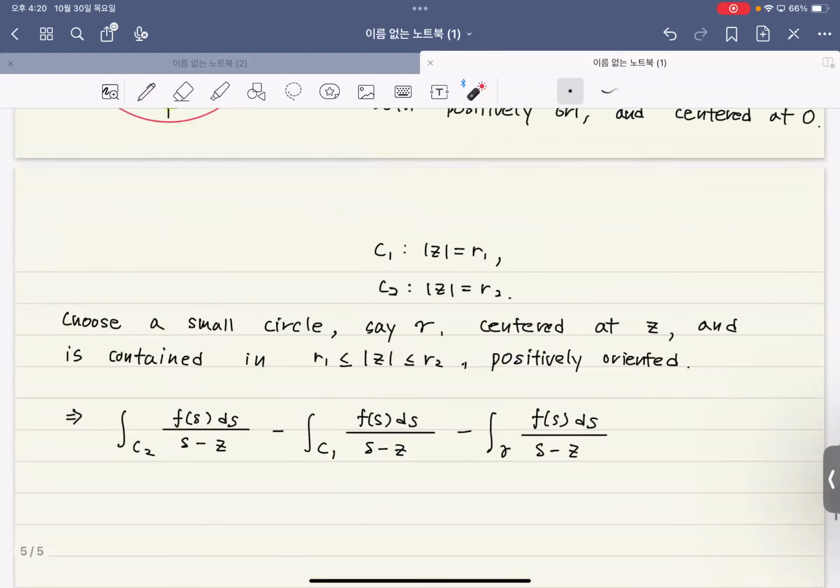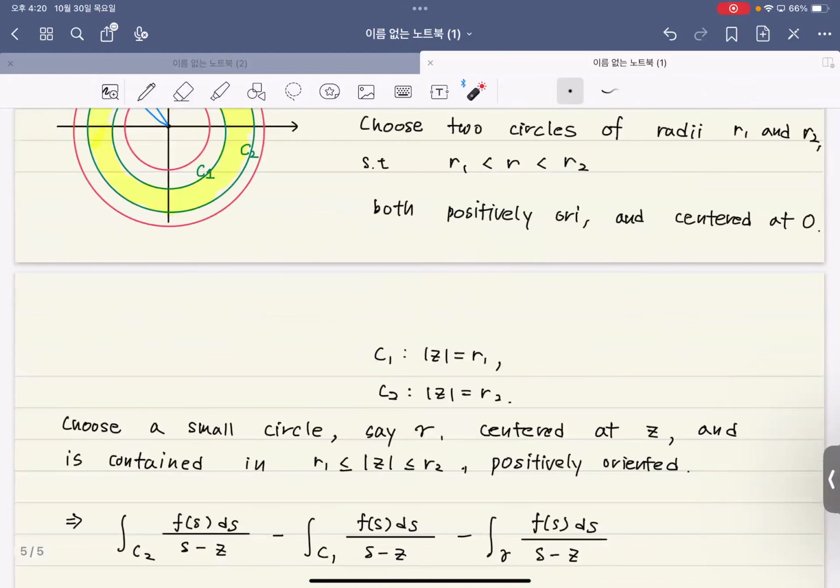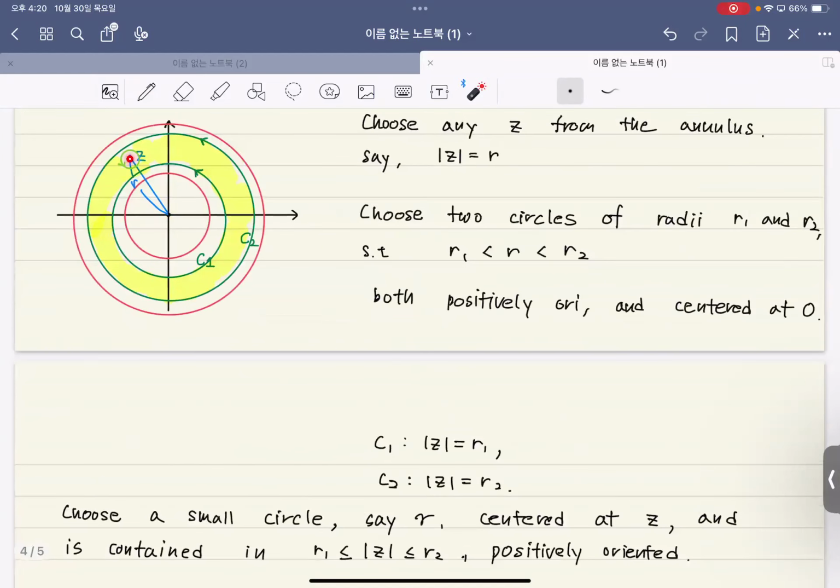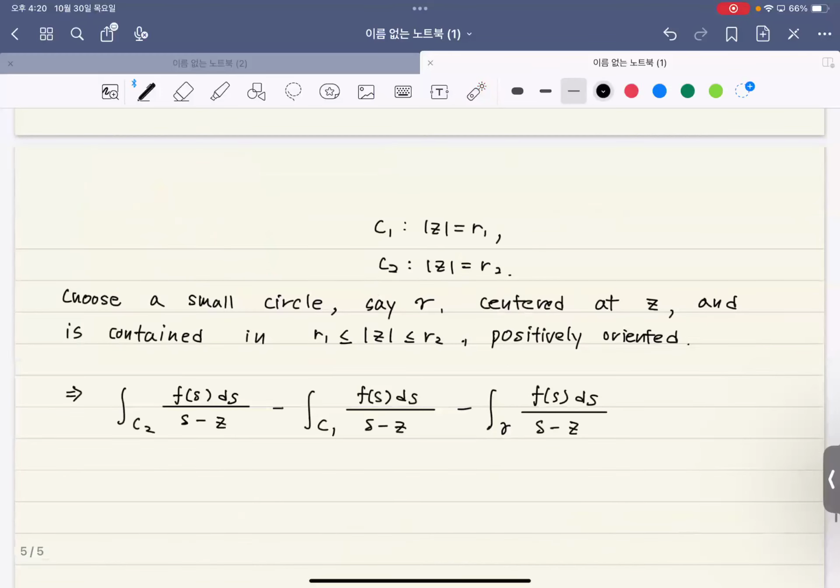If you look at this integrand function, f(s) divided by s minus z, the singularity of this function only happens at the point z. But clearly, this point is out of consideration from the perspective of the yellow shaded region. Therefore, this whole integral must be 0. This is the Cauchy-Goursat theorem.